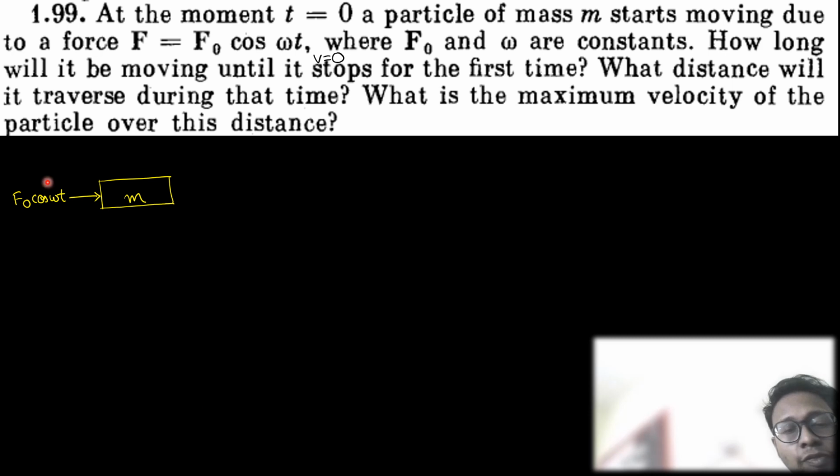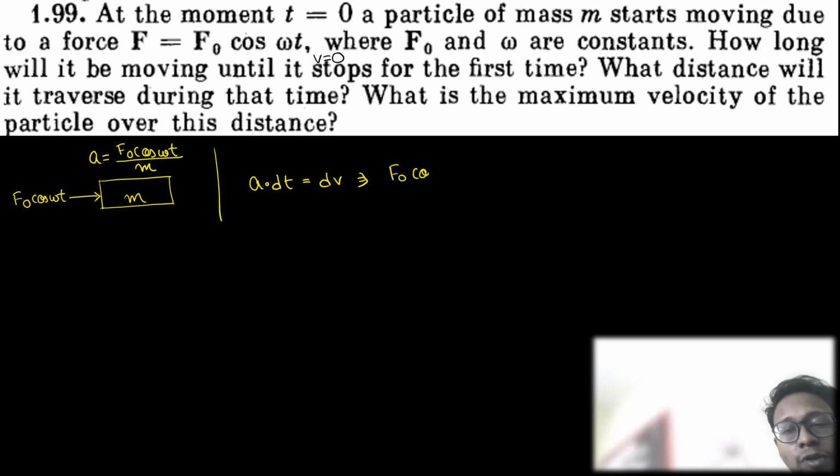If force is given, that means the value of acceleration is given, where acceleration is equal to force divided by mass, F naught cos omega t divided by the mass of the object. And how do I find velocity from acceleration? a dt is equal to dv. What is the value of a?